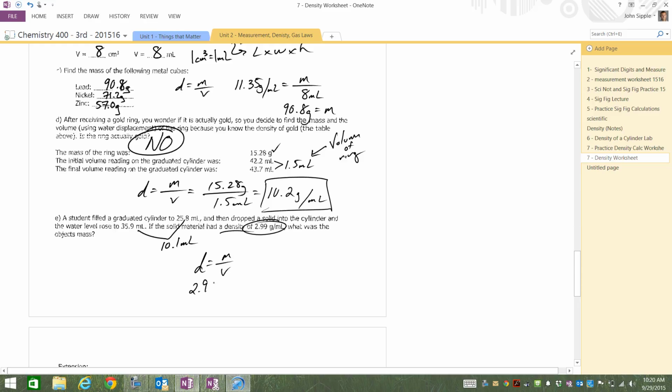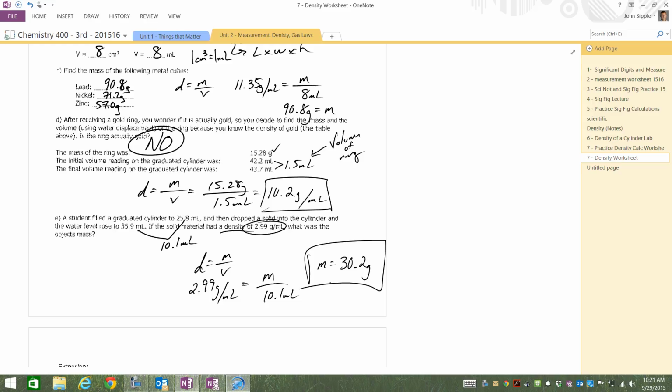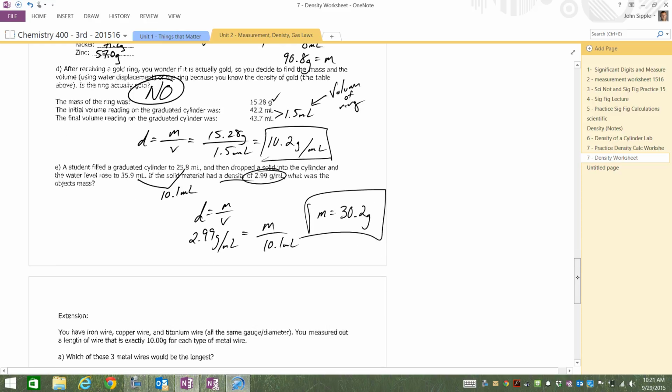We got 2.99 grams per milliliter is equal to M divided by 10.1 milliliters. So M is equal to 30.2 grams. I always want you to round it to 3 sig figs. Always. Just get in the habit of doing that.